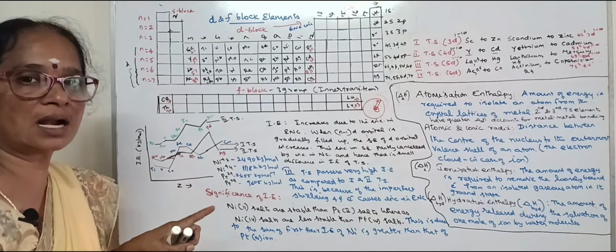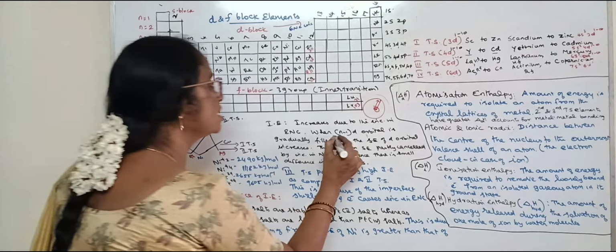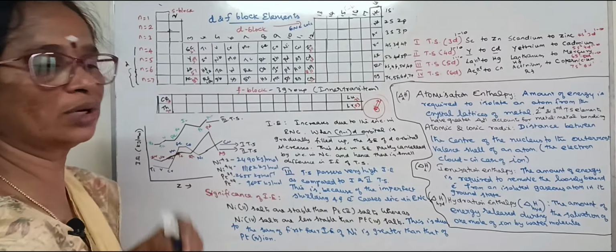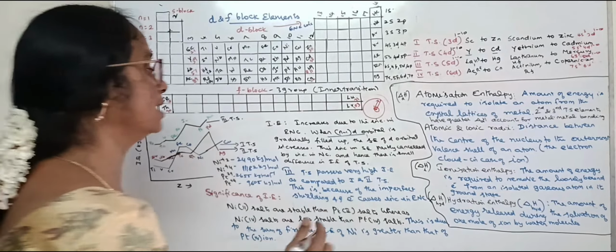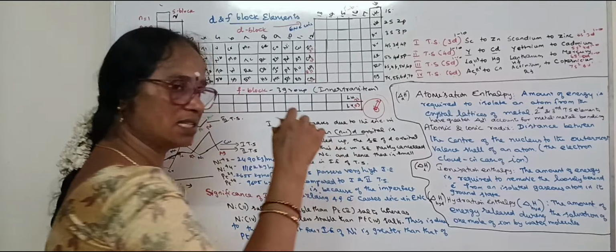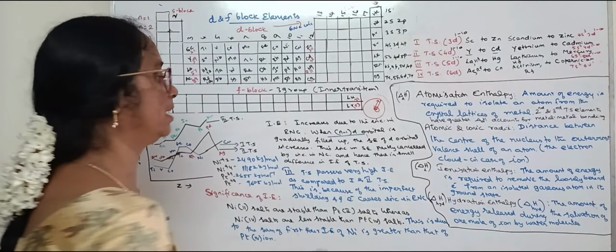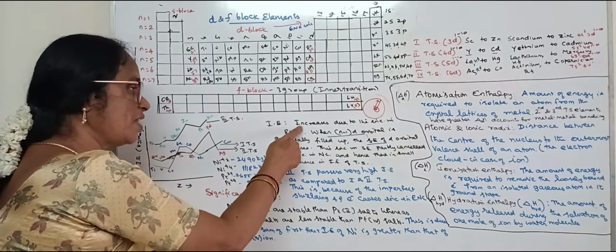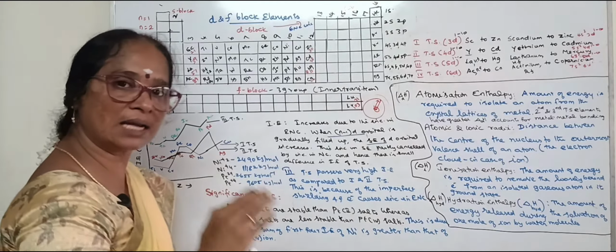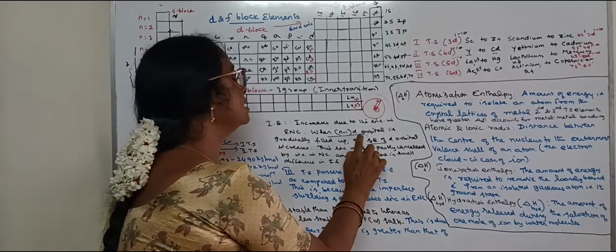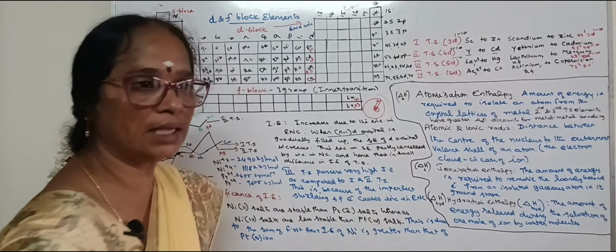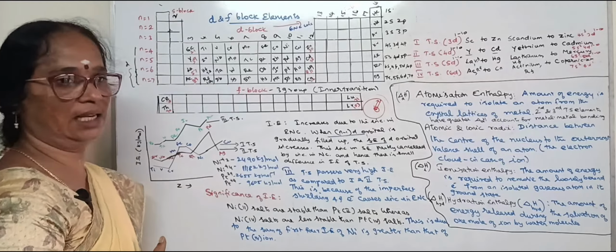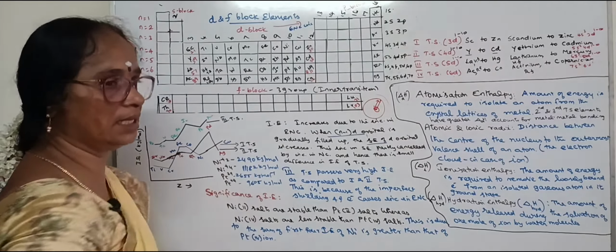The number of electrons entering the n-1 d orbital increases, so the effective nuclear charge increases, and the d orbital has a very poor shielding effect, which also increases. So the increase of effective nuclear charge is partly cancelled by the increase of screening effect of the d orbital, and hence towards the end of the series the ionization enthalpy increases.